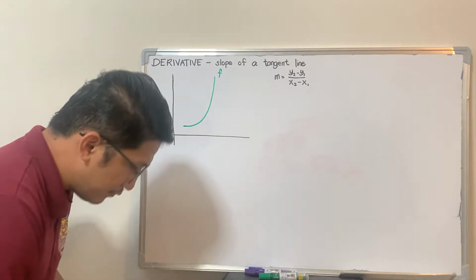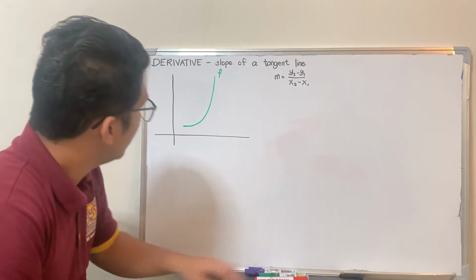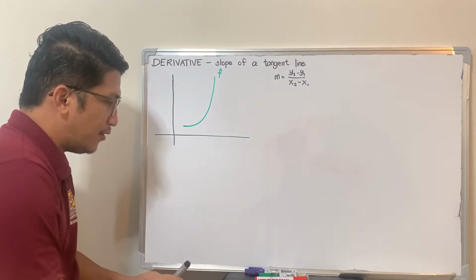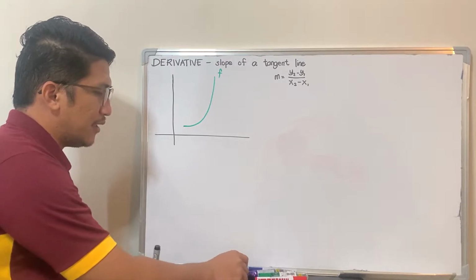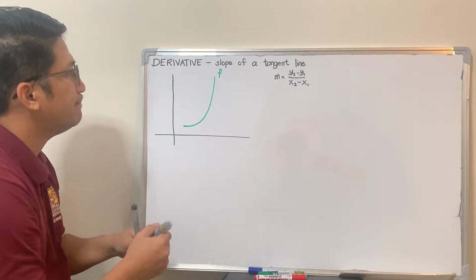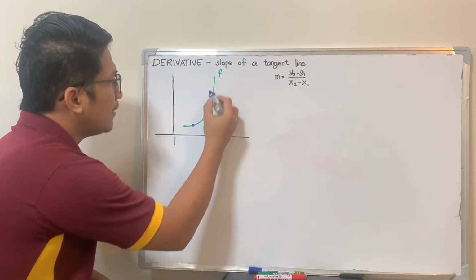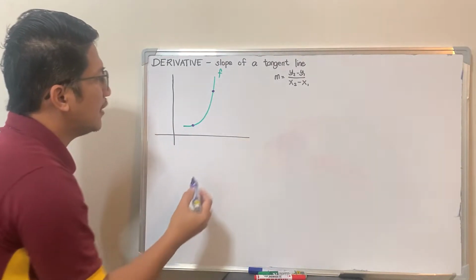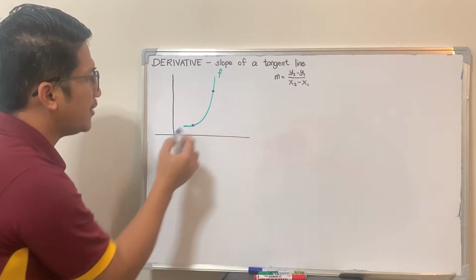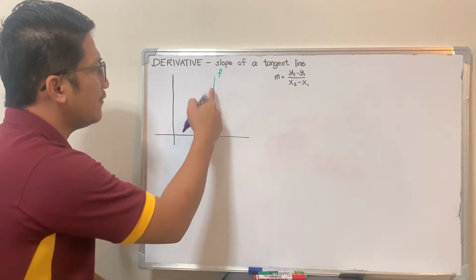So here, we will be using the concept of limits. First, let's put an analogy. For example, if this is your first point and this is your second point, these two points are on the curved line.